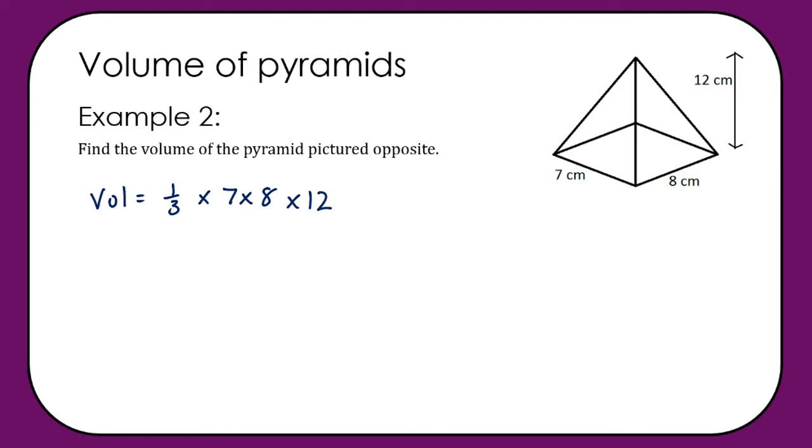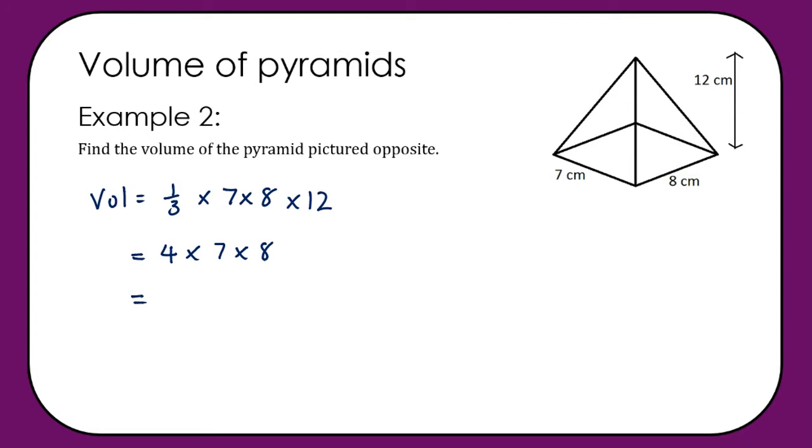Now obviously you want to use that third in as convenient a way as you can, so 1/3 times 12 I can work out, so let's do that first. 1/3 times 12 is 4, and then we've got that times 7 times 8. So 4 times 7 is 28, and then multiplying that by 8 gives us 224.